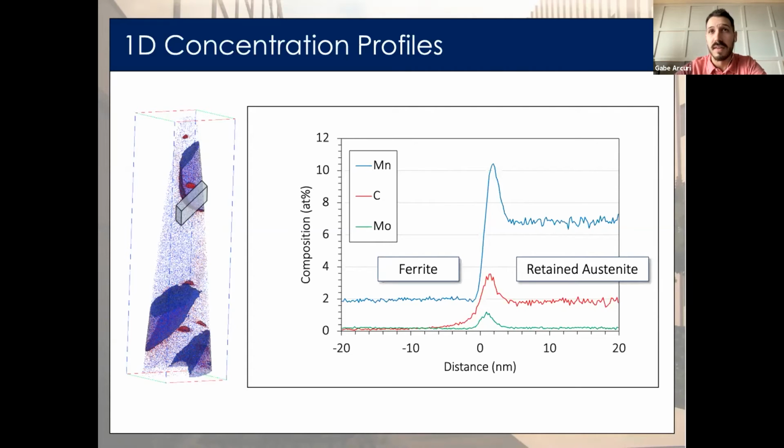Also, local magnification effects can affect the position of our ions in the reconstruction, which will be reflected in the 1D profile. This includes inaccuracies in the width of our interface and the compositions across it. Again, that will be reflected in your profile, so that's something to keep in mind.